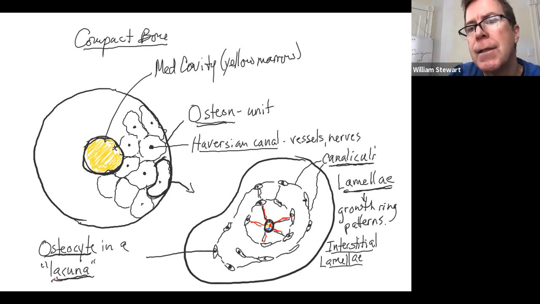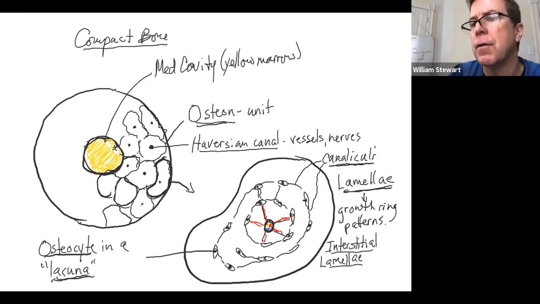These growth rings, these osteons that I've drawn out here, do not perfectly line up all the time. In other words, this osteon might do something like this, and there's a space. We color this interstitial lamellae. There's a space in here. It's not a hollow space. It fills in with hard bone matrix. That would be interstitial lamellae.